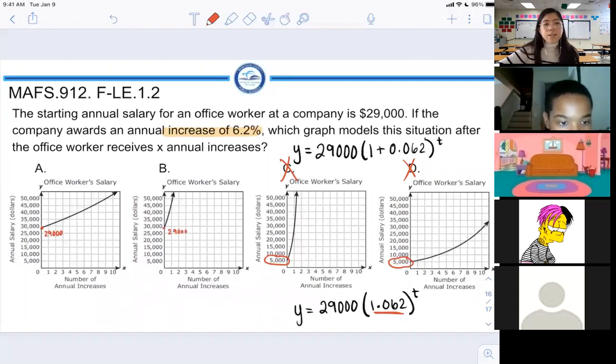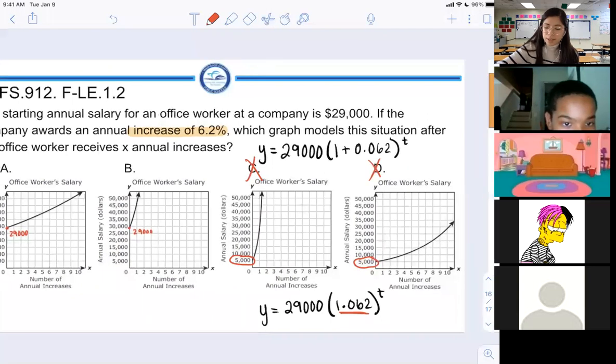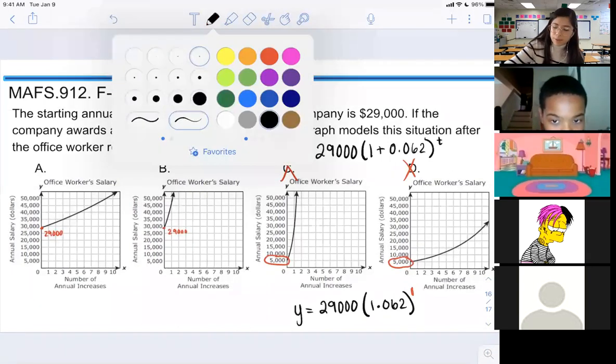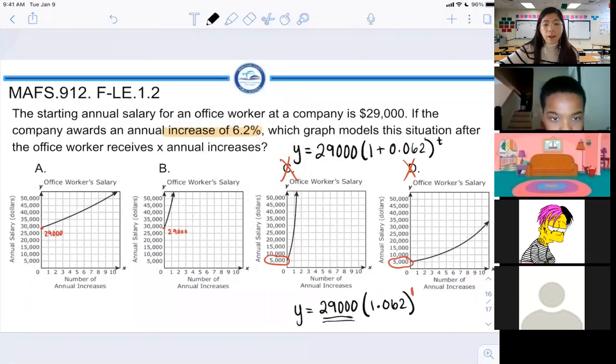What I can check to see is if the second point is correct, because after 1 year, or one increase, I can see what I get. If I started with 29,000 and I'm increasing by 6.2%, I can now multiply. So try on your calculator, what's 29,000 times 1.062?